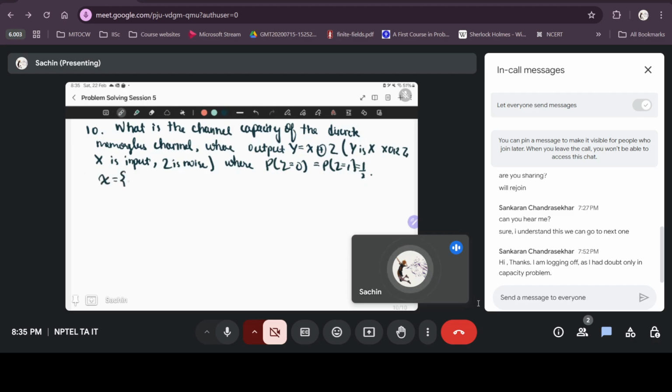Script x is 0, 1. Z is independent of x.